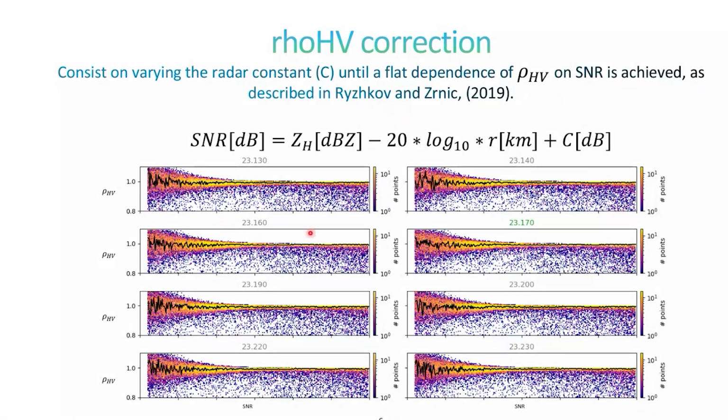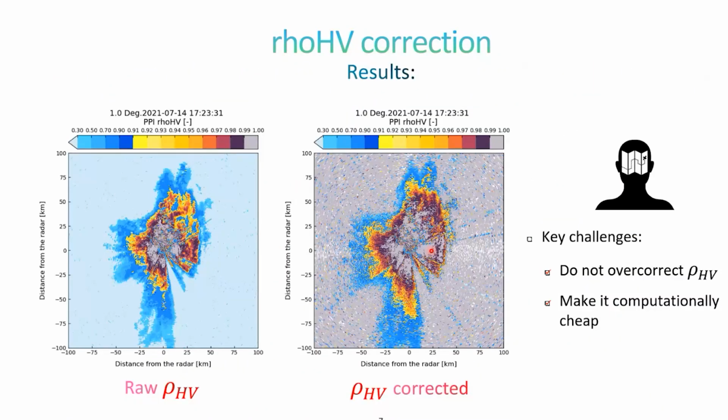So our method is basically the application of this approach until we reach a value where we can see less noise and a flat dependency. In this case, when we correct our ρHV, these are the results.